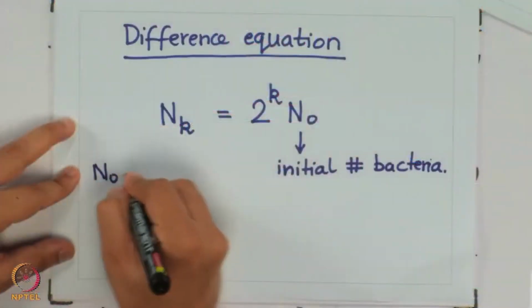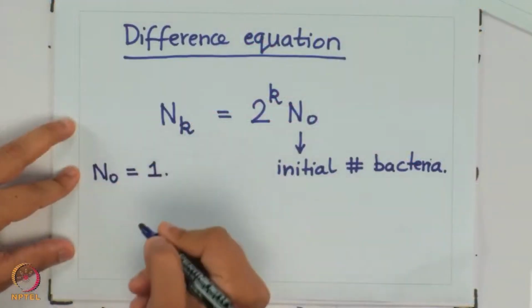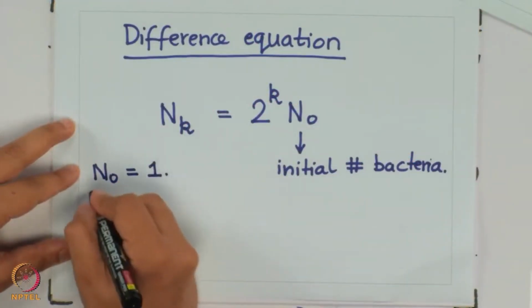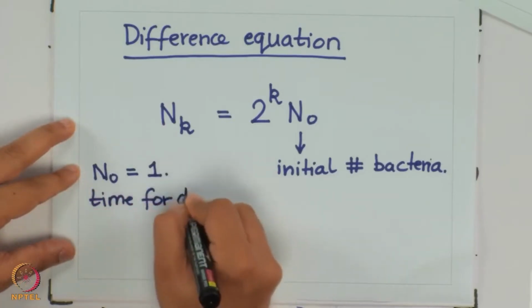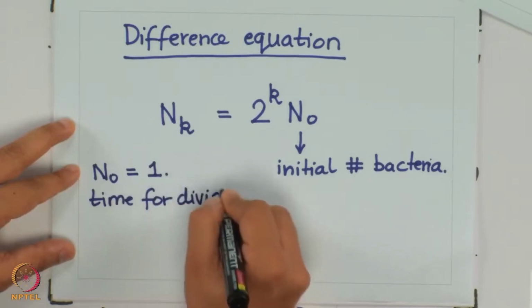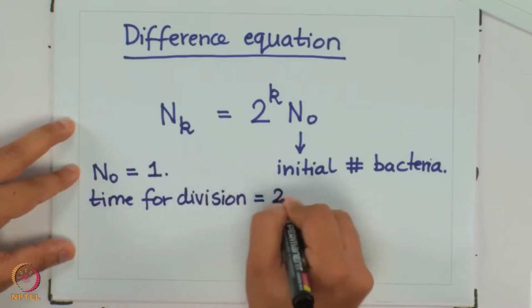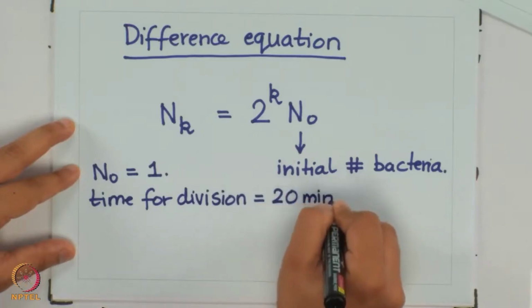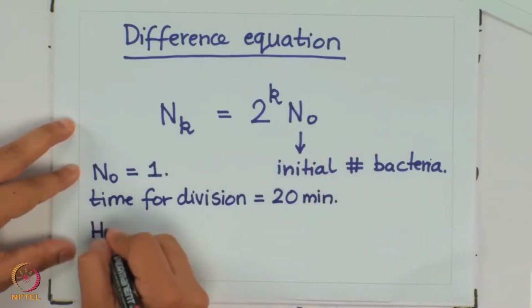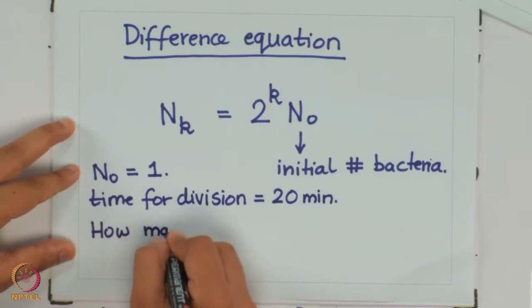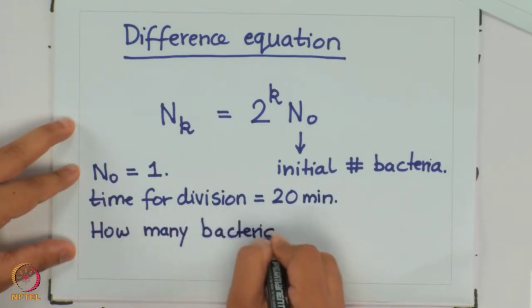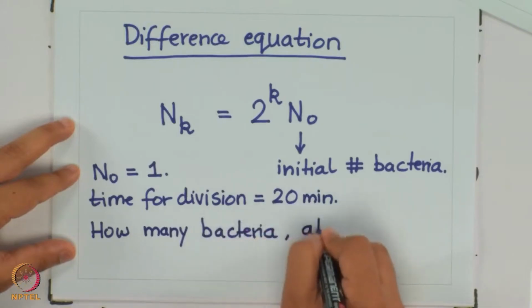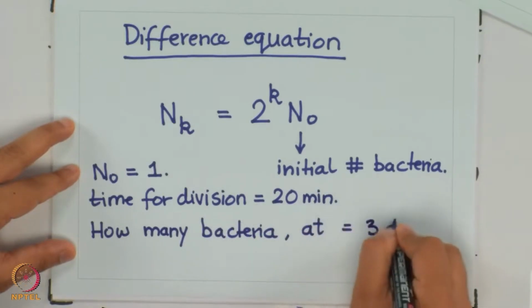So if we are given that n naught is equal to 1 and time for division is equal to 20 minutes, how many bacteria are we going to end up with at t equal to 3 days?